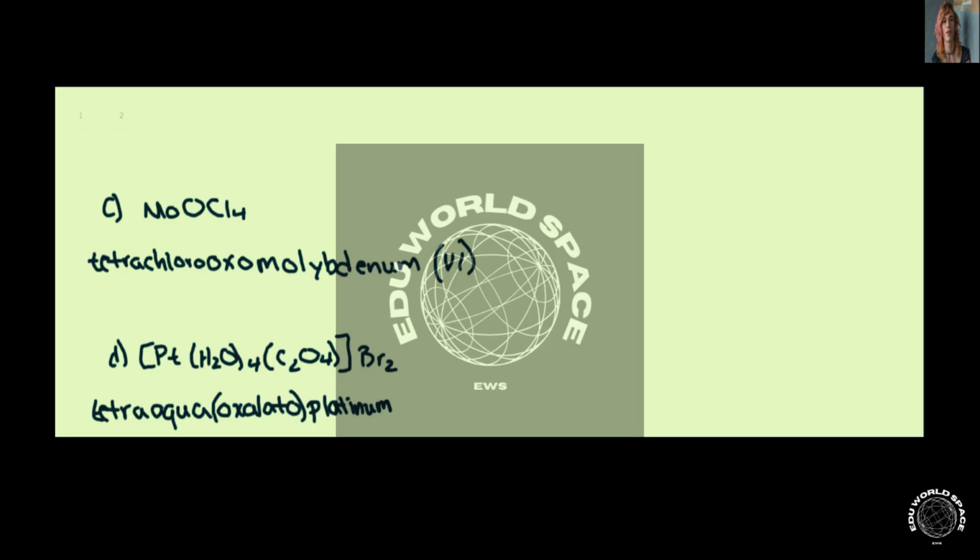Then the oxidation state of the platinum: water contributes nothing. The C2O4 is a -2. The Br is a -1. There's 2 of them. That's -2. So we know that the platinum needs to be a 4. And then a space, and we have bromide.